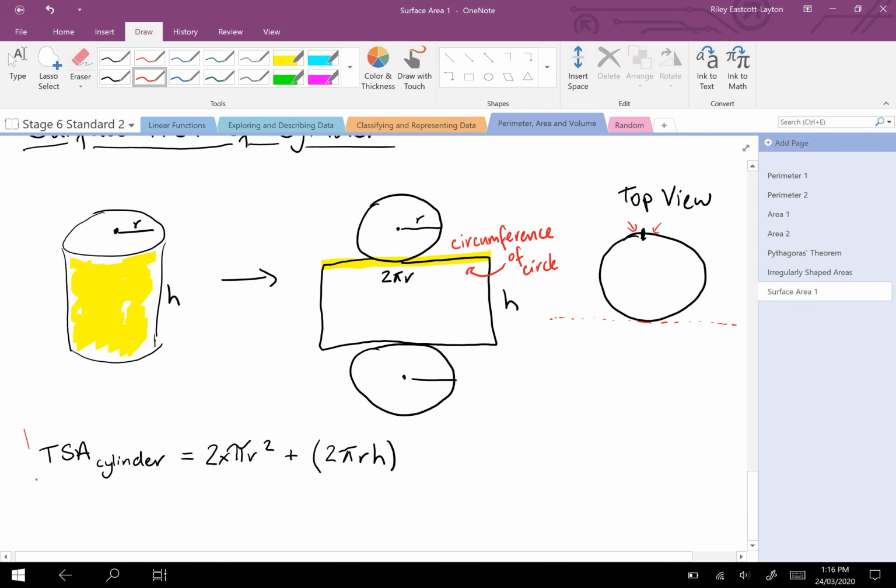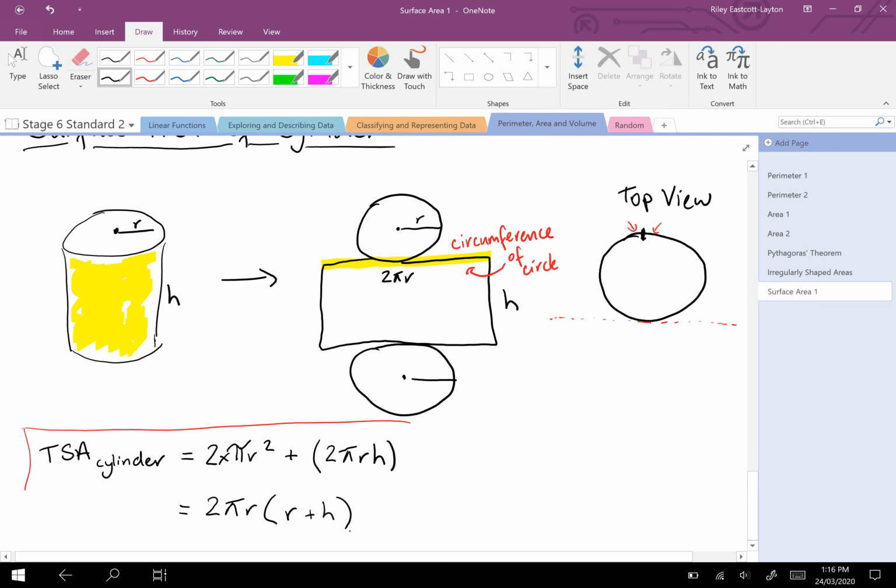So here is one of our rules. Now, I don't expect you to remember this rule, but you should be able to work it out in any similar questions. We can actually break this down a little bit in that we can factor out 2 pi r out of this first bit and this second bit. 2 pi r, so what would actually be left behind is r plus h.